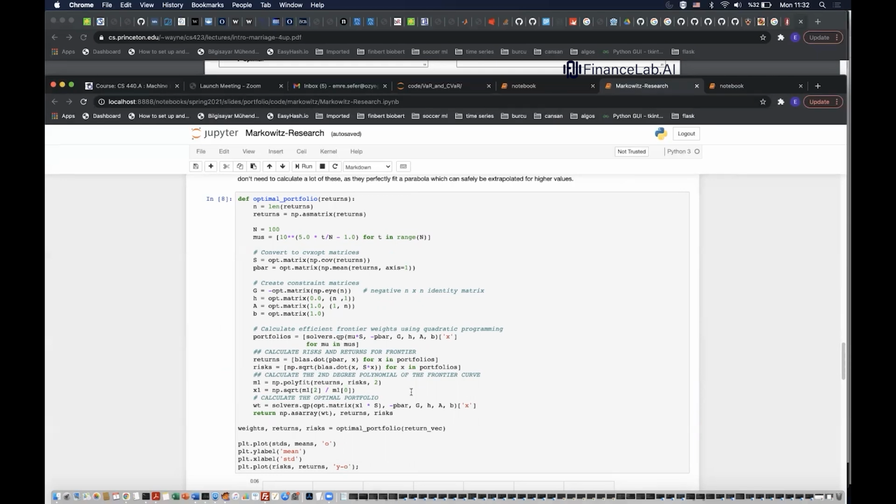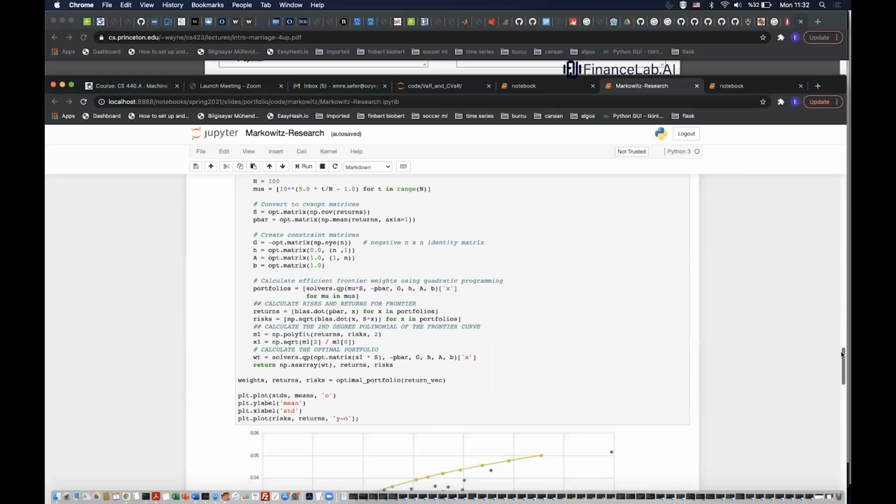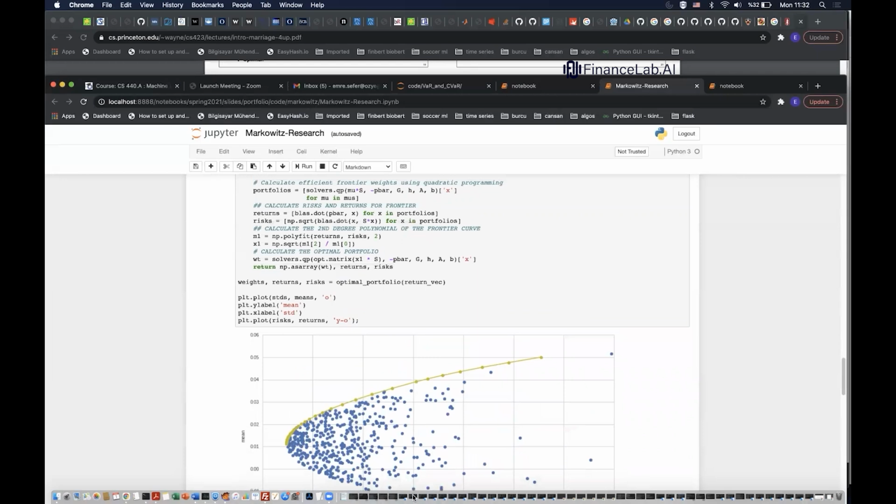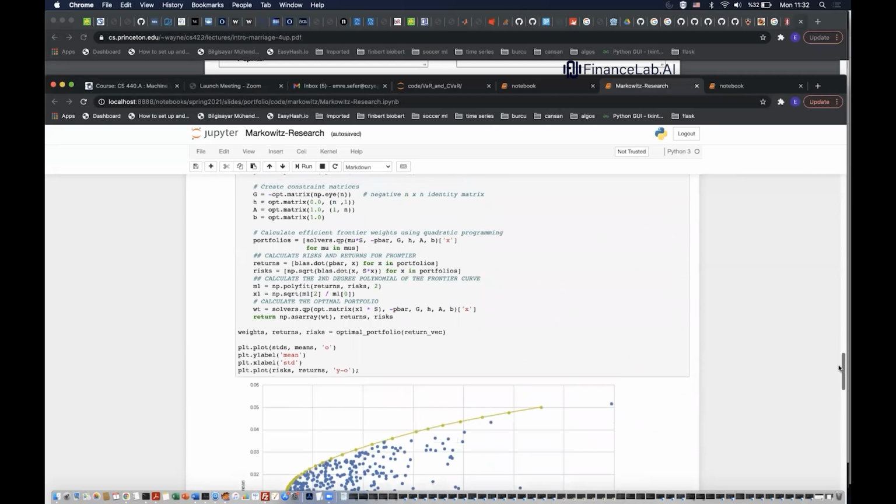You can take a look into this example. Using the returns of the assets and the covariance matrix, we are finding an optimal portfolio. And the portfolios that we find correspond to the yellow dots in this plot.